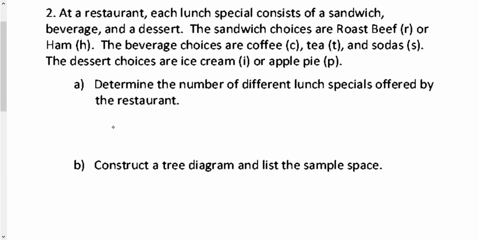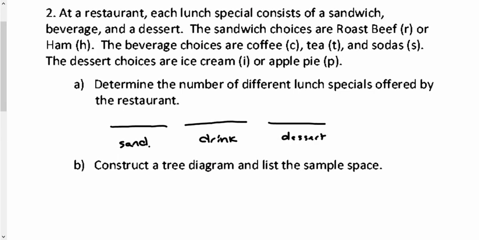So when we talk about our number of lunch specials, we have our sandwiches, we have our drinks, and we have our desserts. And then we just have to figure out how many of each of those we have. For the sandwiches, we have 2 of them. For the drinks, we have 3 choices, coffee, tea, or soda.